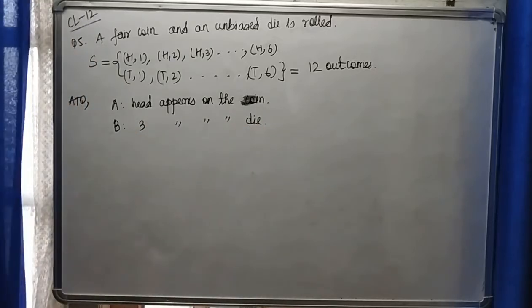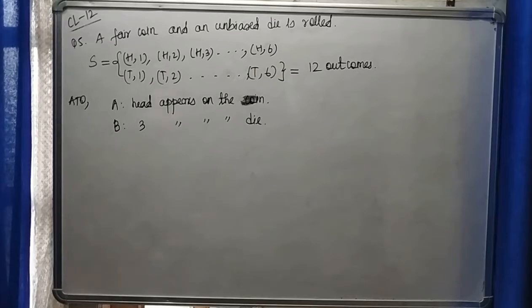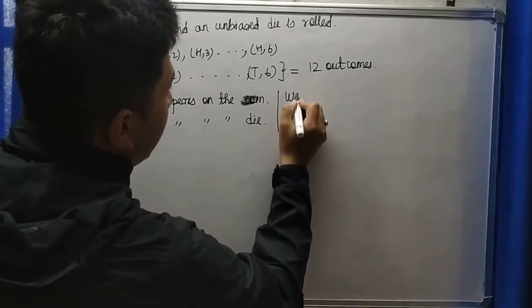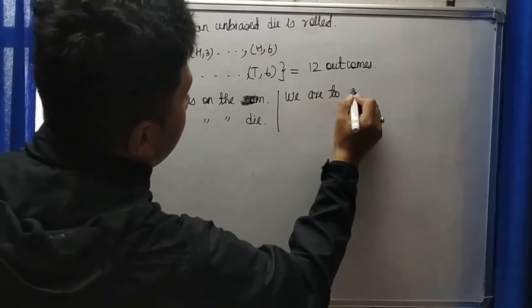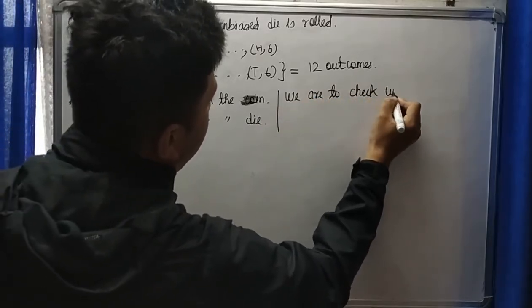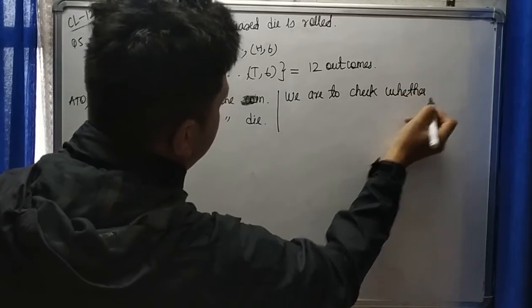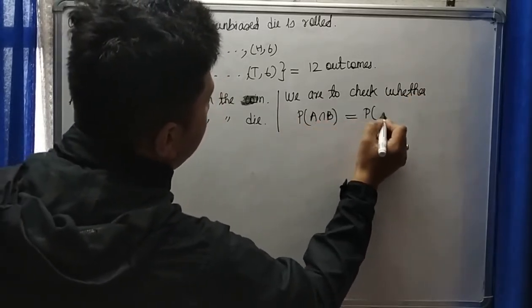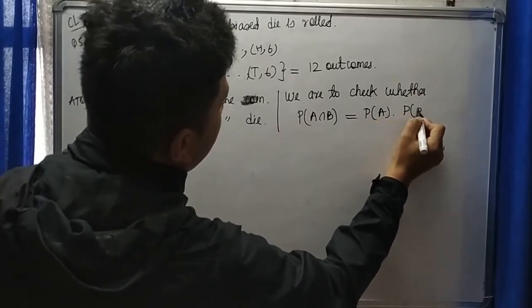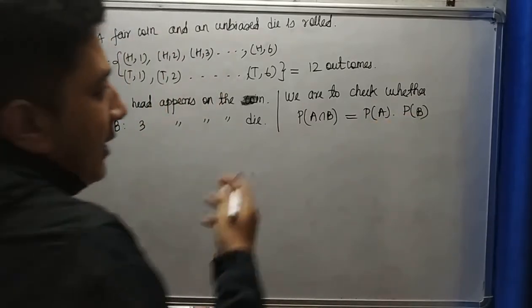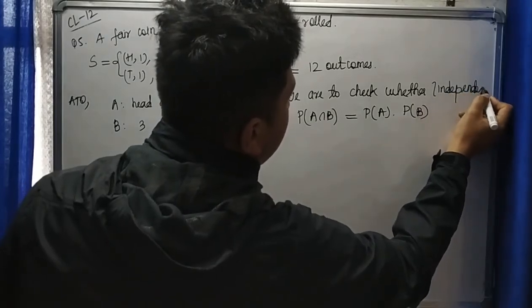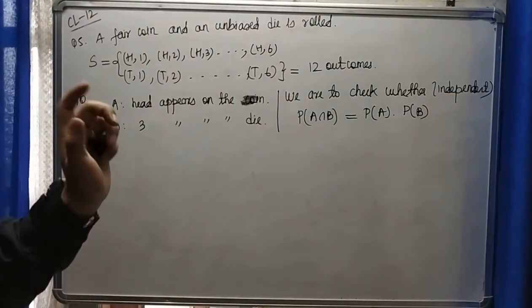We are to check now whether A and B are independent or not. So we are to check whether probability of A intersection B is equal to probability of A into probability of B or not, which means whether they are independent or not. Am I clear?